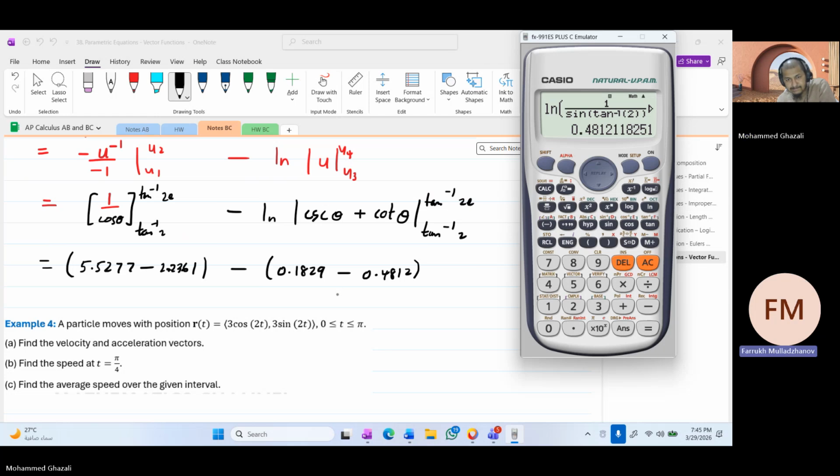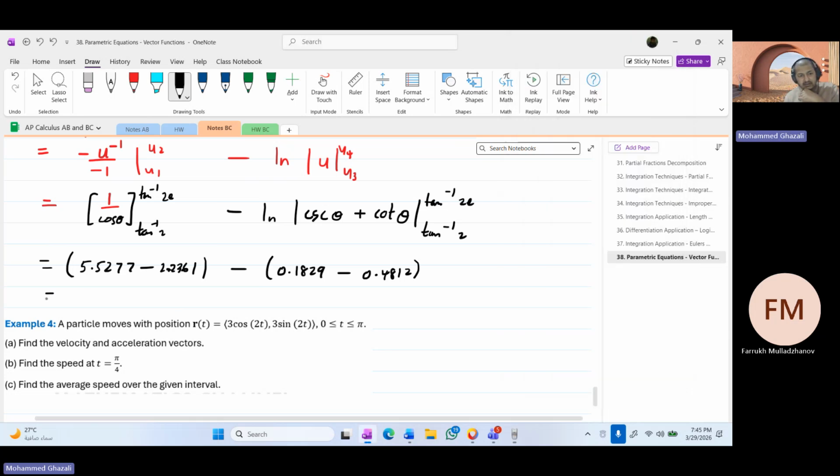Now I'm just going to subtract everything: 5.5277 subtract 2.2361 subtract open bracket 0.1829 subtract 0.4812. I'm getting 3.5899.